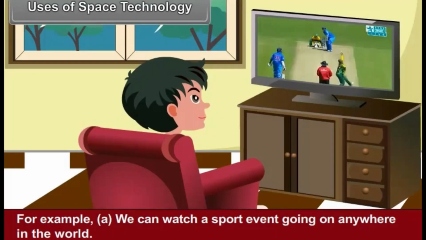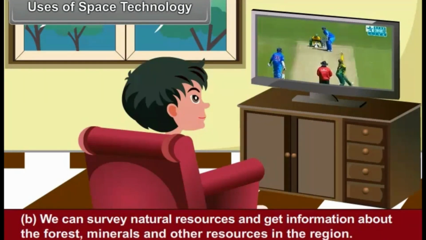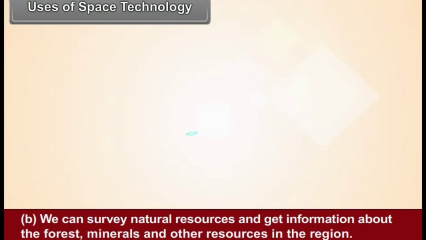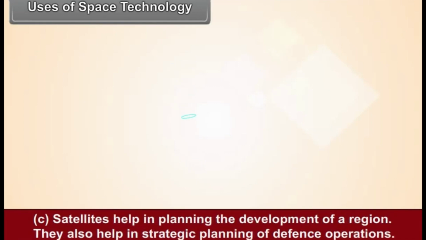For example, A. We can watch a sports event going on anywhere in the world. B. We can survey natural resources and get information about the forests, minerals, and other resources in the region. C. Satellites help in planning the development of a region.